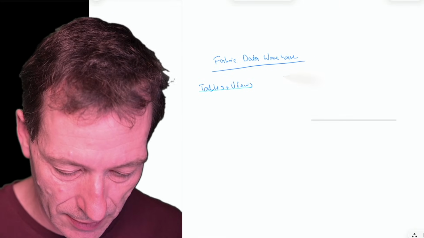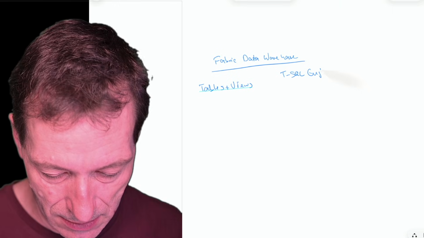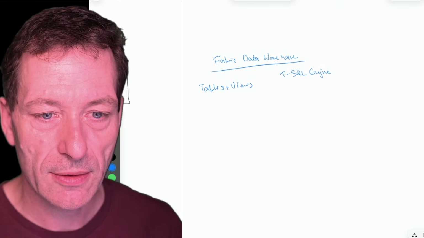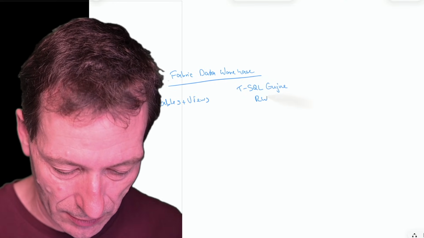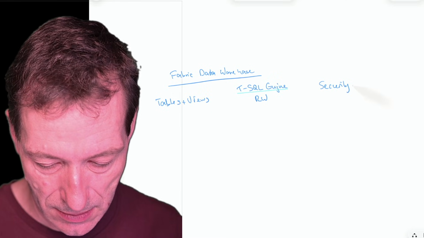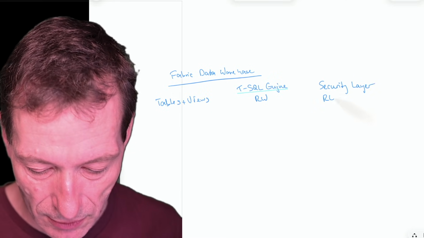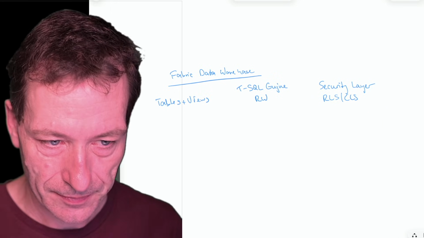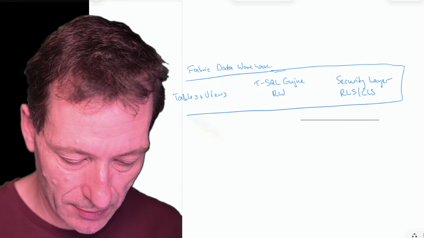You have the T-SQL engine with read-write capabilities. And you have all the security layer, right? With row level security and column level security, and all the data masking. So this is like our warehouse experience.